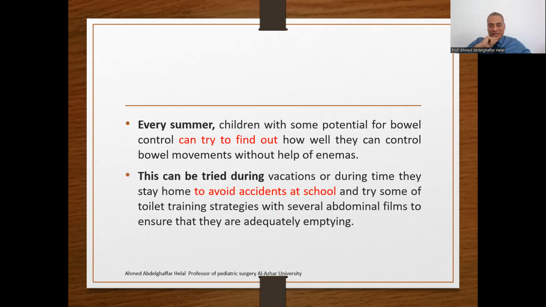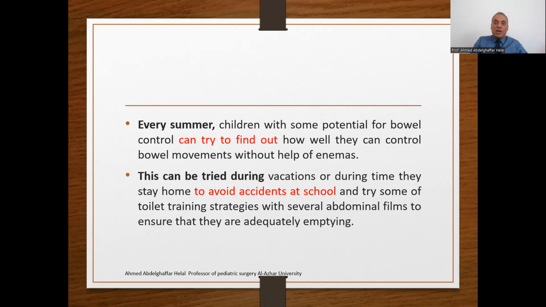This is a very important test. Every summer, children with some potential for bowel control can try to find out how well they can control the bowel movement without the help of enemas. They can try this during vacation or at summer. Why? To avoid accidents and soiling at school, and try some toilet training strategies, and try with several abdominal films to ensure that they are adequately emptying.